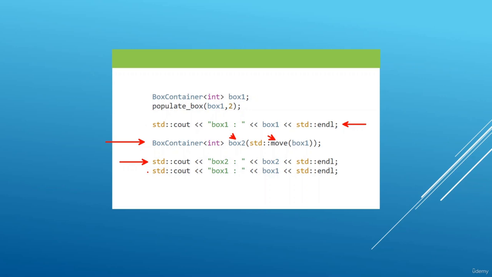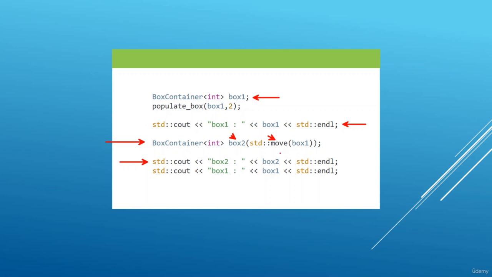But the idea I want to convey here is that because our move semantics are resetting pointers in source objects or objects that we steal from, the source objects are safer to use now. We can go in box 1 and start adding other data and really reuse it if we want to do that in our program. And that's going to work really well. This is the idea I want to convey here.